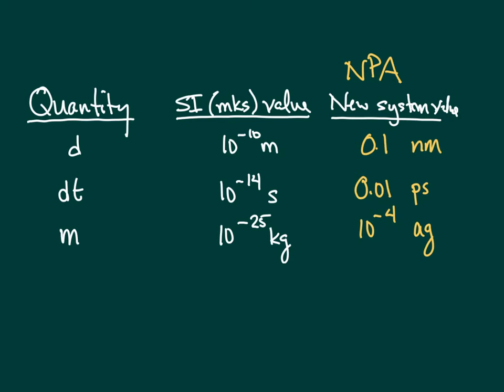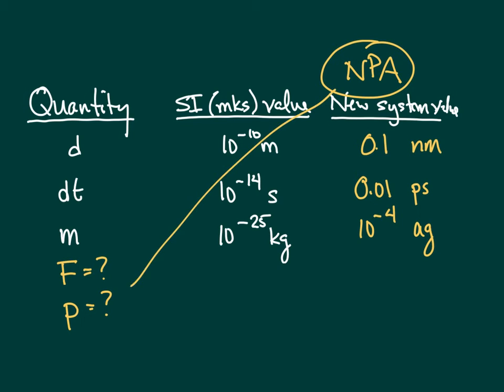So what I want you to do is think about what a unit of force would be, and what our unit of momentum should be, and put these units in terms of these NPA values.